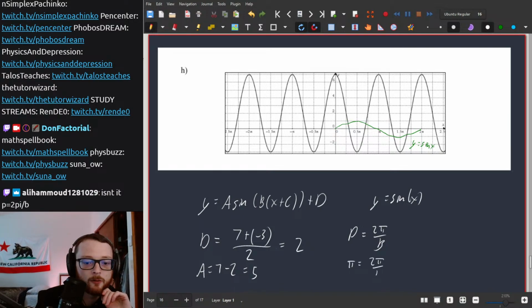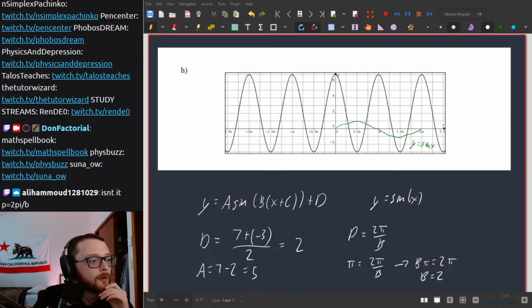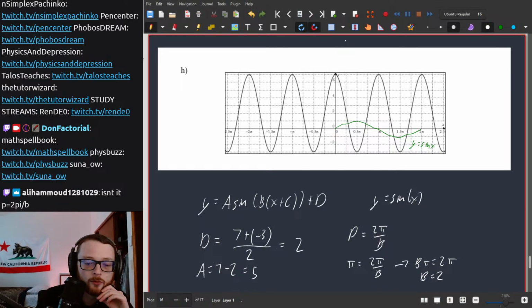It's equal to 2 pi over b. And I guess I could multiply b to the other side. b pi equals 2 pi. Divide each side by pi. And so b is going to equal 2. Yeah, okay, so this graph has been, I think, compressed by a factor of 2. Horizontally.